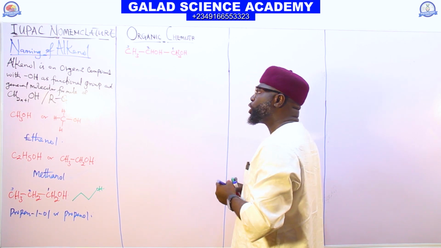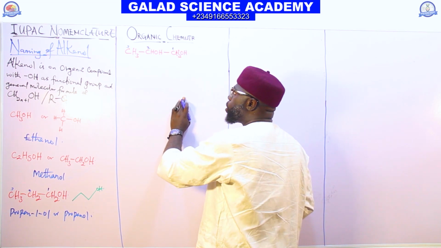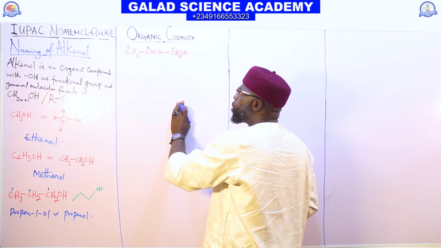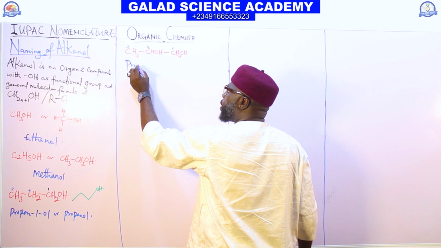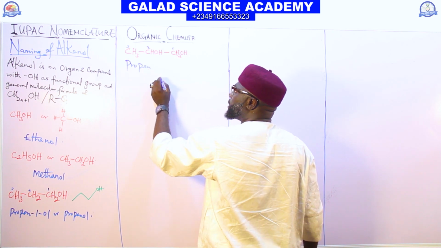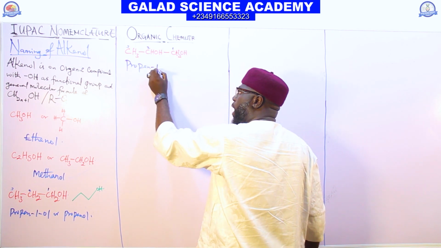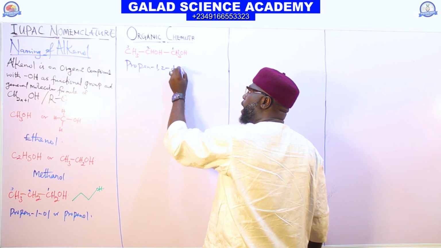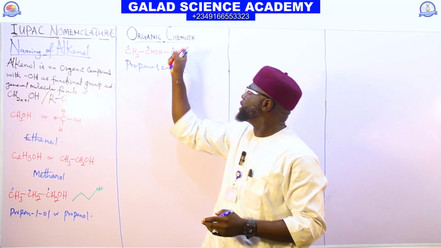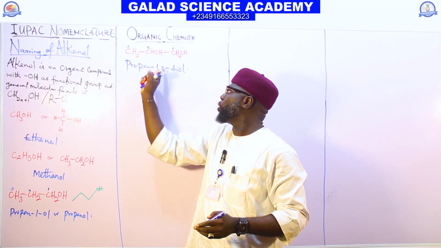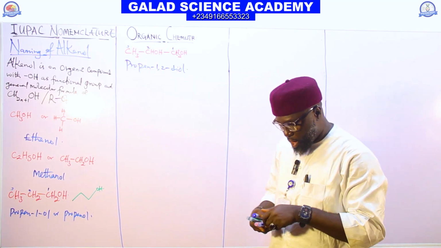Now, if you want to name this, we can call it propan-1,2-diol, because the OH is at first carbon and second carbon, di, diol.